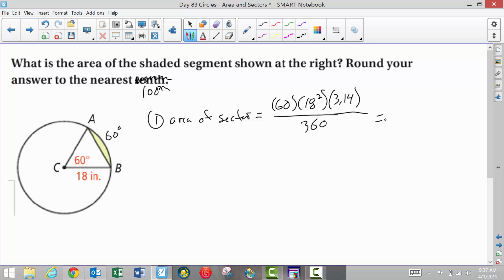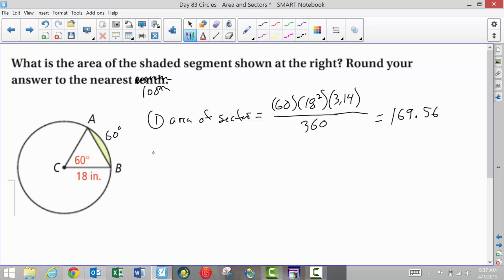So let's find that answer. I have 60 times 18 squared times 3.14 divided by 360. I get 169.56. So this is 169.56.